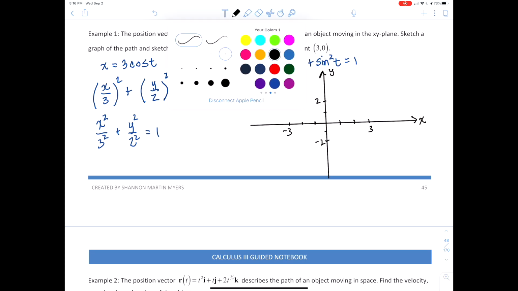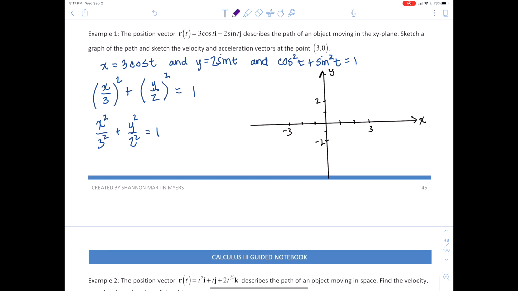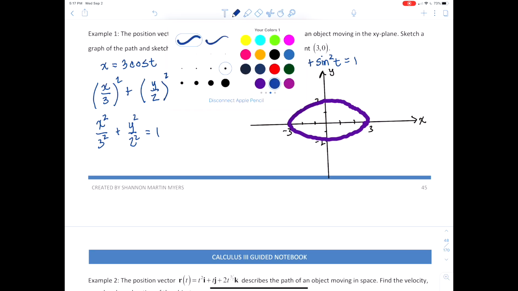So what it will look like will be something like that. Probably have it a little too pointed at the ends. But now we need to figure out its orientation, right? So let's check this out. We'll do the orientation in a different color.